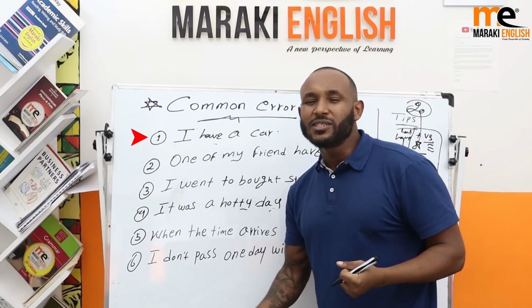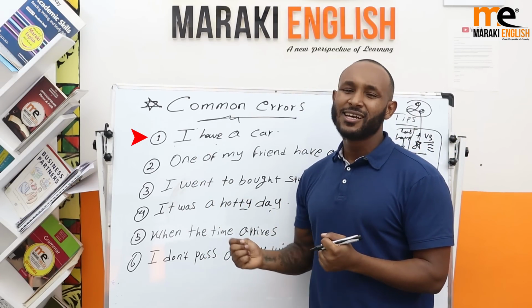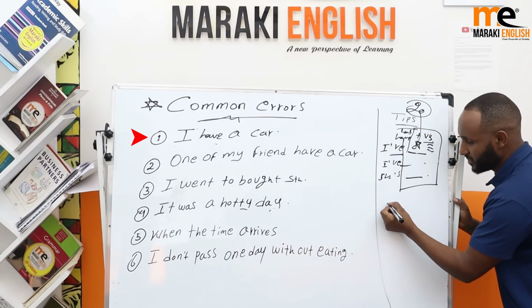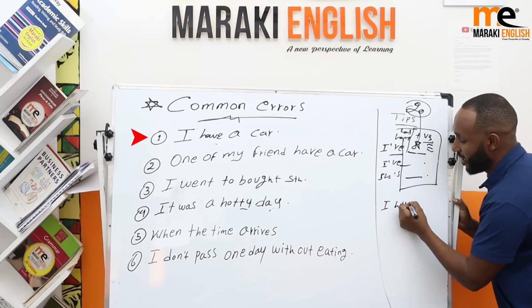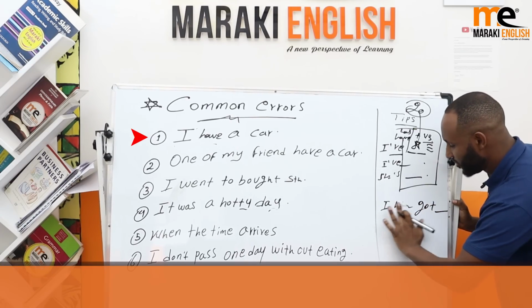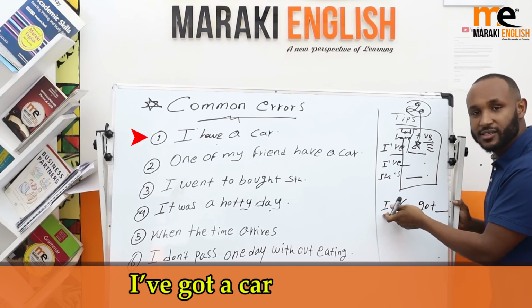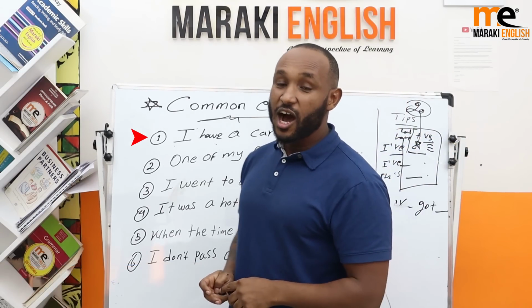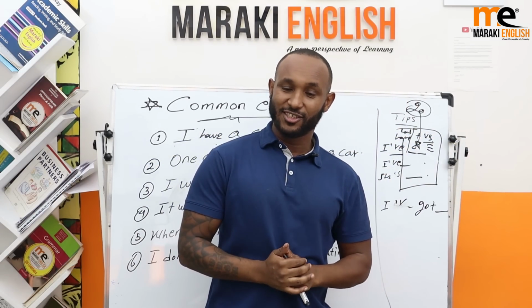The other one, if you're still addicted with have and you want to talk about possession, you have to be British, because they say I have got a car. So in this case, you can contract it and say I've got a car. I've got a problem, you know. I've got a couple of things to talk to you about, Mr. John.